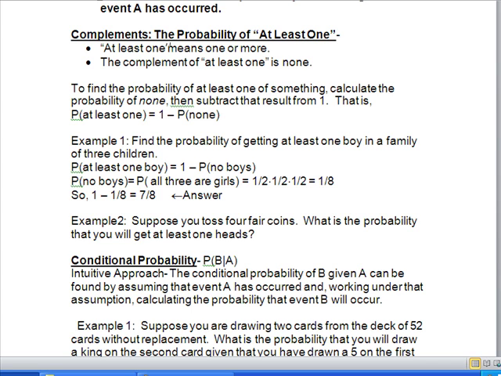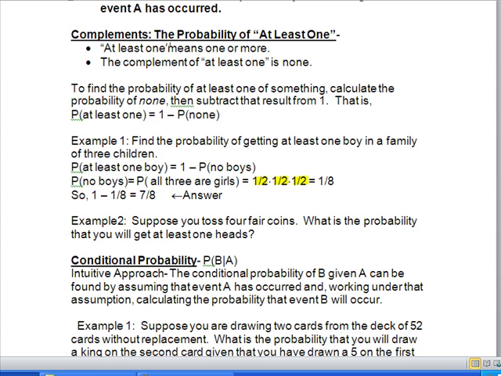Well, the probability of the first girl is 1/2. Probability of the second child being a girl is 1/2. And the probability of the third child being a girl is 1/2. So if we multiply those together, we get 1/8. So our probability of at least one boy would be 1 minus that 1/8 we just found. So our answer is 7/8.